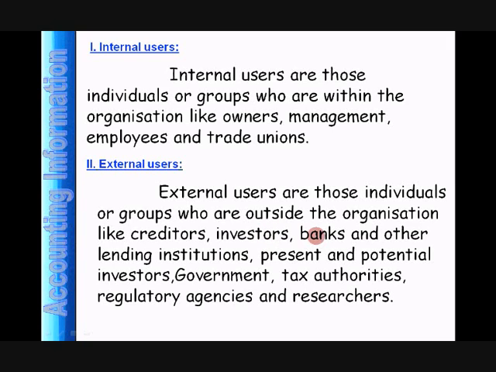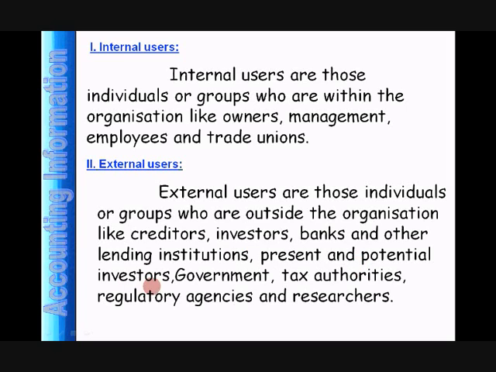Banks may ask for a statement so that they can give loans or temporary credits against your accounts receivable or potential other money. And there are other lending institutions which might have lent money to our company. They may ask for the information periodically to see whether we are in compliance.